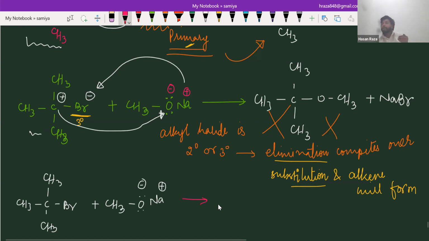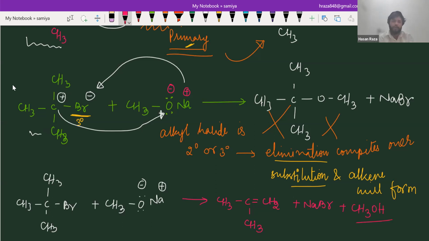As I told you, there will be elimination, and whenever elimination takes place, a double bond will generally form. So the double bond will form like this: CH3, C double bond, CH2, and then CH3, along with NaBr and CH3OH. That means alcohol.